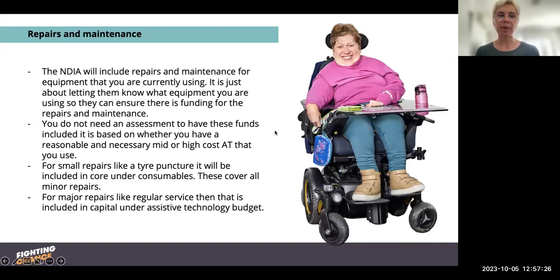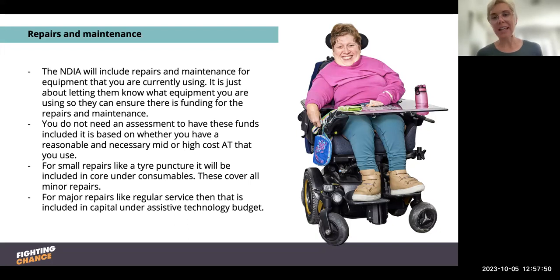So when it comes to repairs and maintenance, the NDIA will always include repairs and maintenance for equipment that you are currently using. It's just about letting them know what pieces of equipment you use, and reminding them that you want minor and major repairs in there, if the piece of equipment requires major repairs.